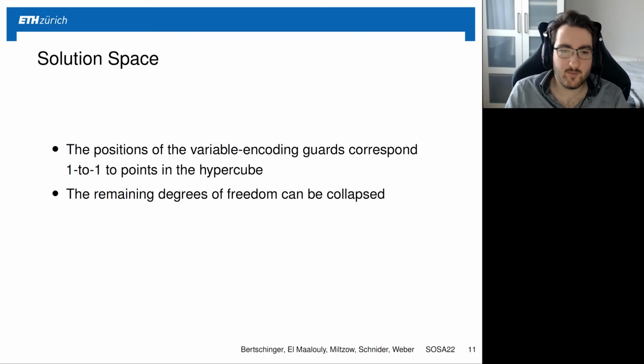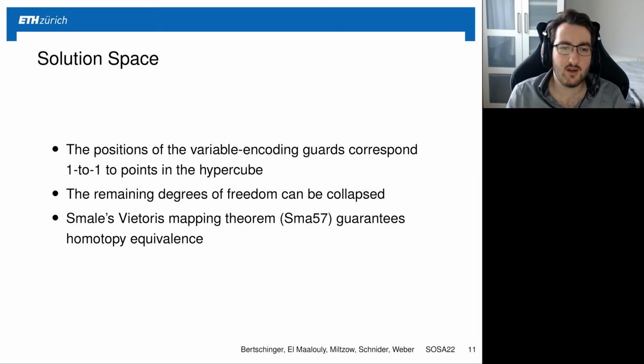And all of the remaining degrees of freedom that we introduced with our additional guards can be collapsed. And to do that, we use the Smale-Vietoris mapping theorem. And this then just guarantees us homotopy equivalence to our desired union of hypercube faces, and therefore also to our desired semi-algebraic set.